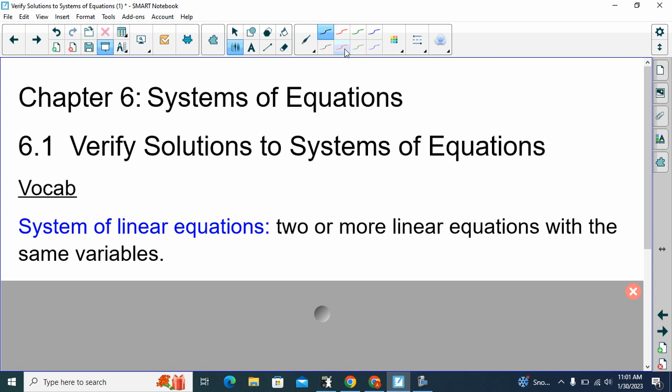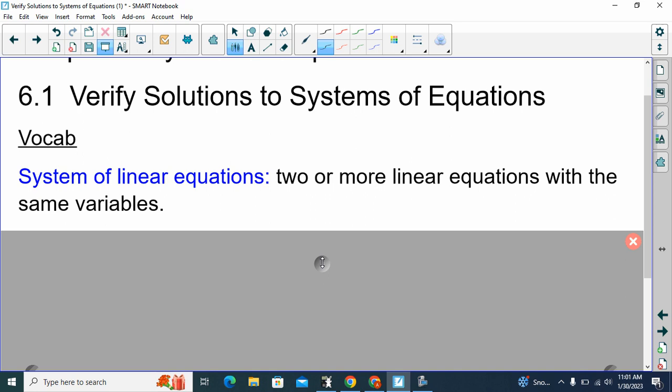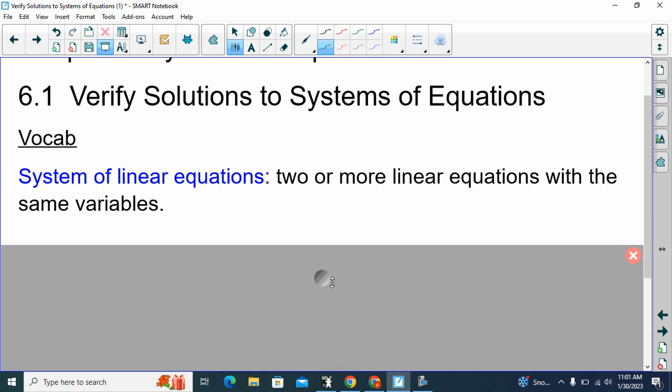That is an equation whose graph is a line. So we are going to have two or more linear equations with the same variables. Often x and y, don't have to be though, a and b, s and t, m and n.